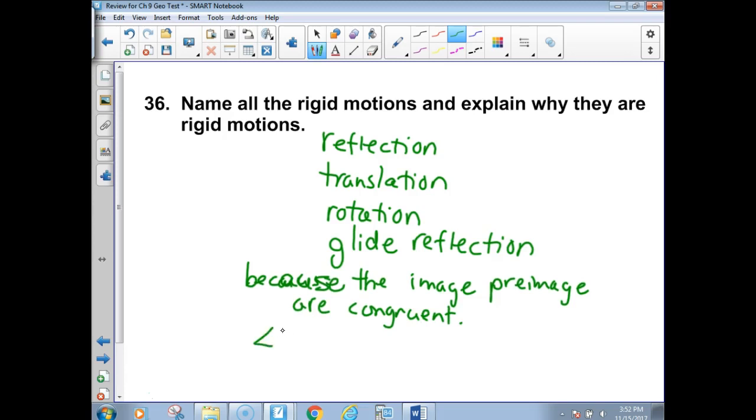All the angles and lengths stay the same. Now, the one that isn't a rigid motion transformation was the dilation, because it changes size. All right, so all of those others preserve size, so they are rigid motion transformations.